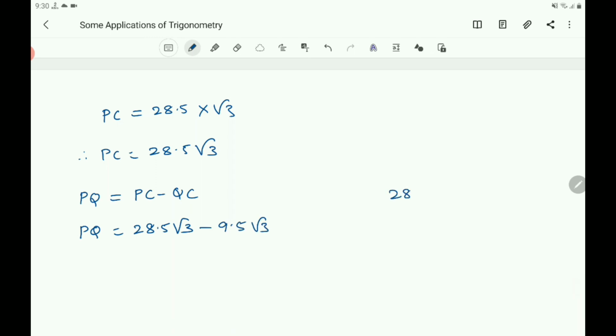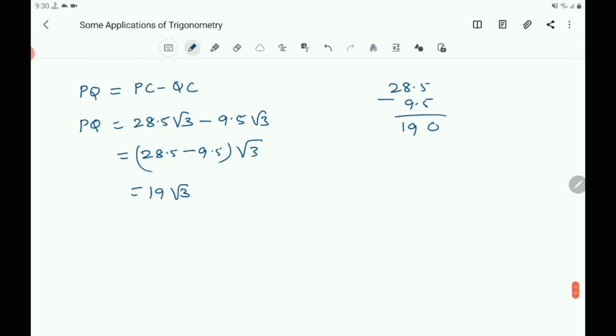You can write 28.5 minus 9.5, taking root 3 outside. 28 minus 9 is 19. So you got 19 root 3.